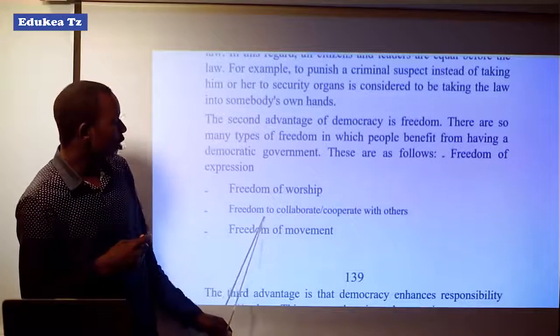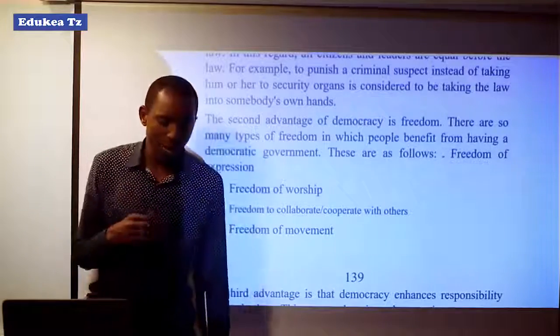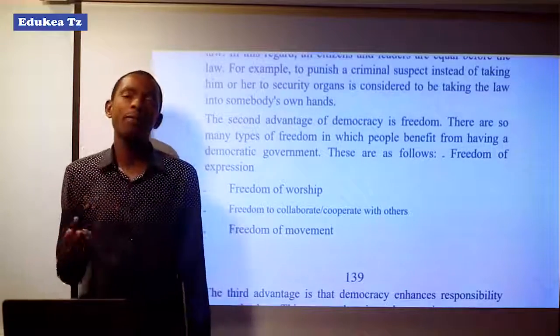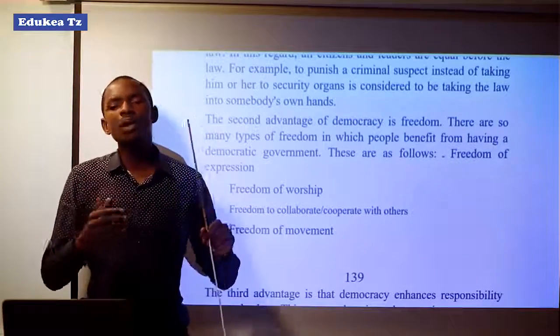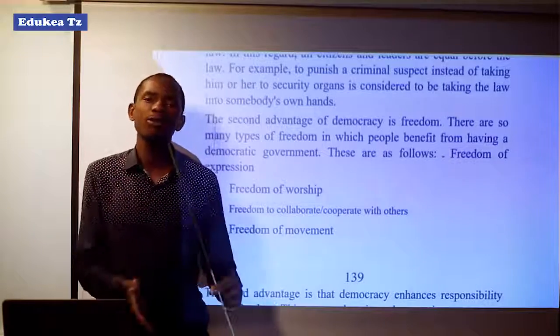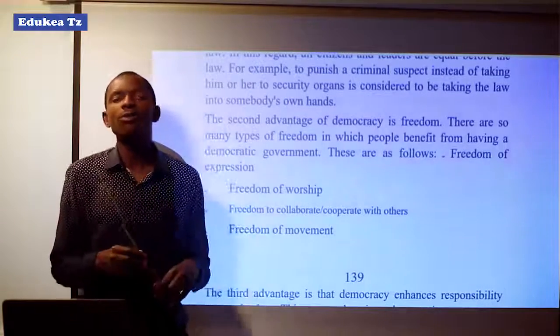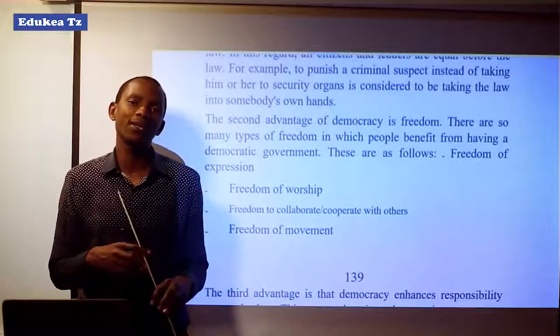Another one is freedom to collaborate or cooperate with others. Here in democratic government, people should cooperate. Don't do anything individually. You have to cooperate with your fellows so as to be engaged in several activities in all spheres of life.